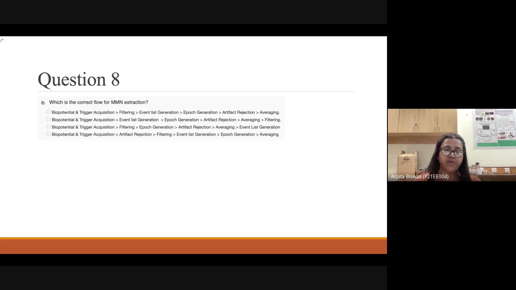Third is biopotential and trigger acquisition, filtering, epoch generation, rejection, averaging, and event list generation. Fourth is biopotential and trigger acquisition, artifact rejection, filtering, event list generation, epoch generation, and averaging. So go through the question carefully and find the right option.